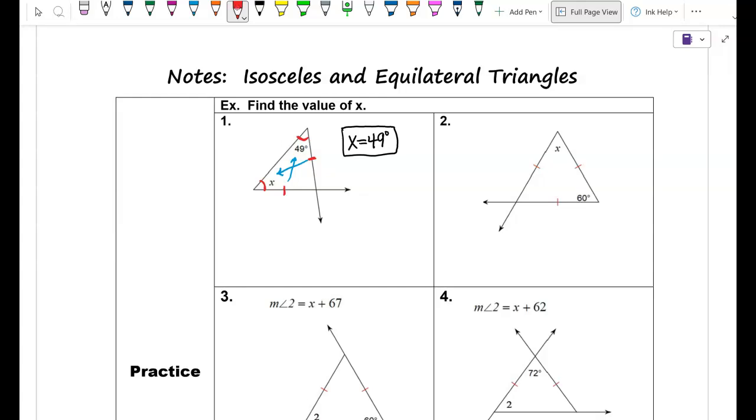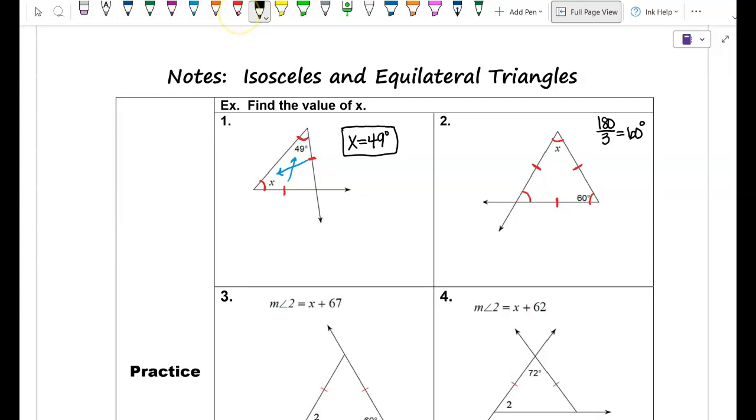In the second example, they're showing me that all three sides are congruent. Well, again, we talked about that's an equilateral triangle. If it's equilateral, it's also equiangular, which means that all of these angles are also congruent. And we said, well, if all the angles are congruent and we take that 180 and divide by 3, you told me that was 60 degrees.